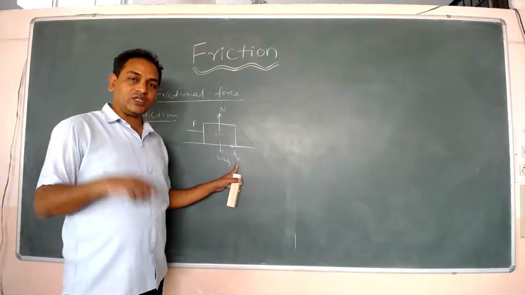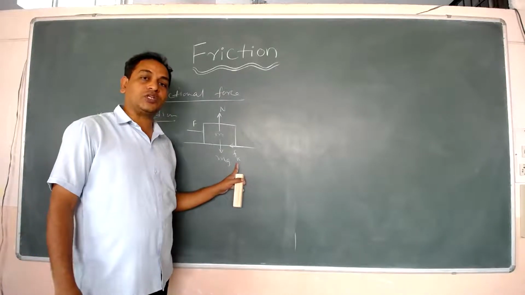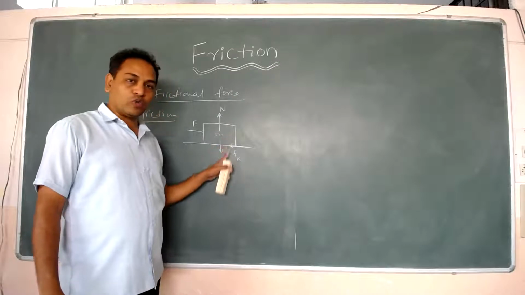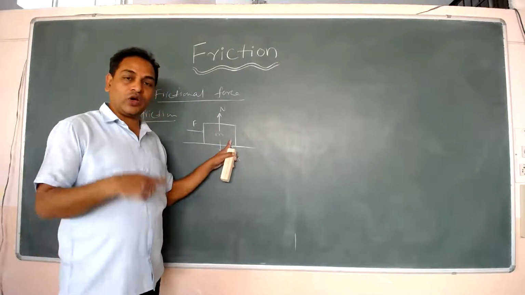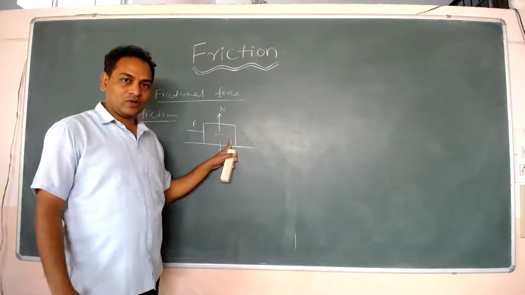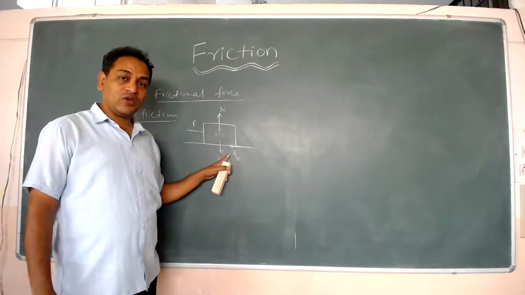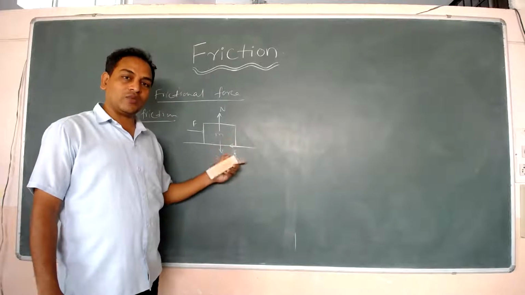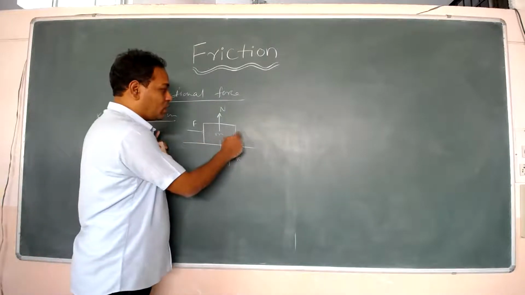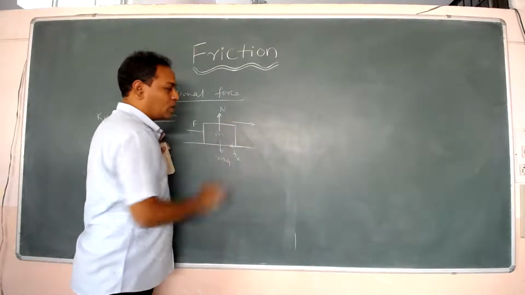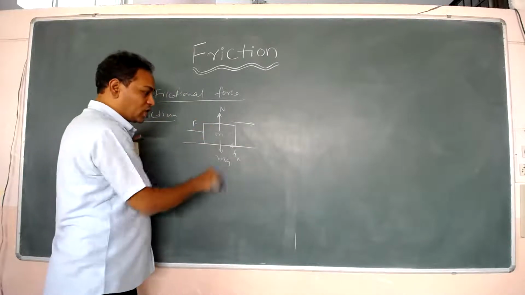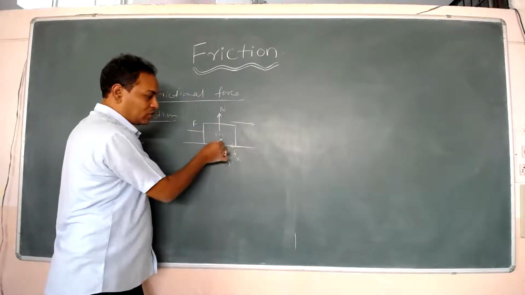The kinetic friction is the opposing force which comes into play between two bodies when one body is moving on the other body. Here the body is moving in the forward direction, so these are the frictional forces acting between the two bodies.